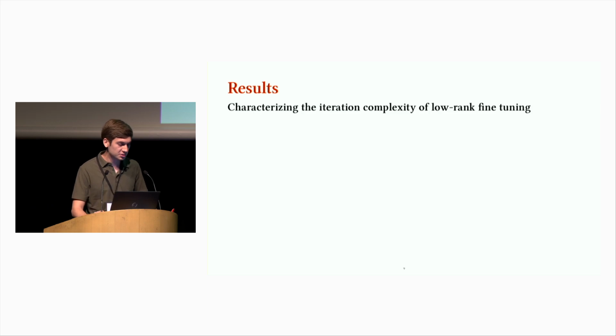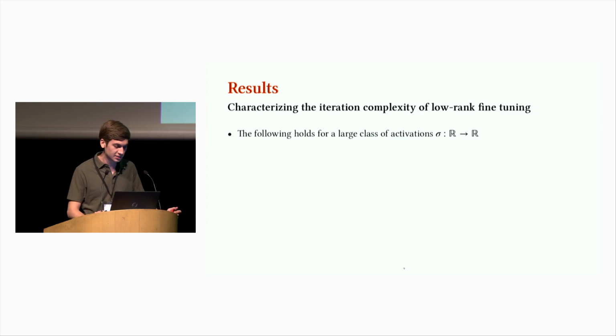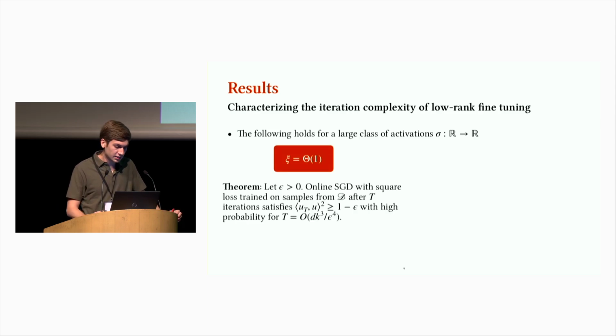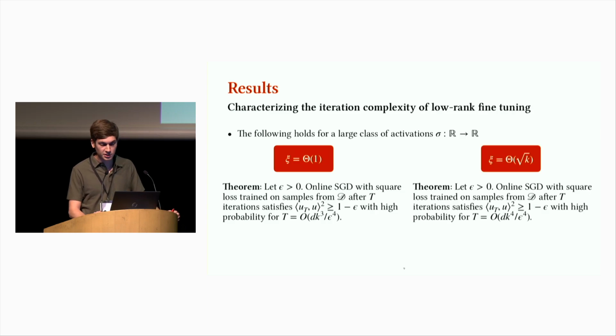The first style of result we have is that we make certain assumptions on the weights, and we use online stochastic gradient descent to get this convergence result to characterize the iteration complexity and also the sample complexity of low-rank fine-tuning. Here, we consider two scaling regimes. In the first, the spectrally comparable regime, the perturbation is spectrally comparable to the base network weights.